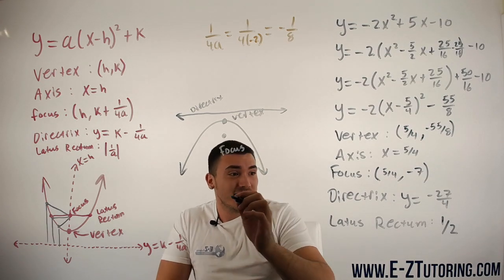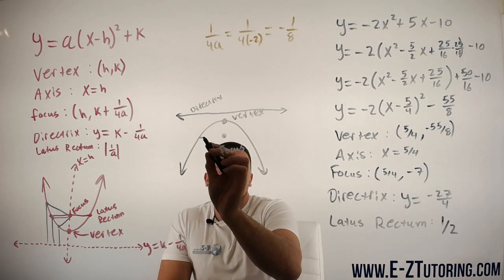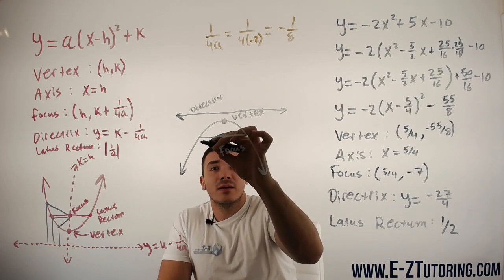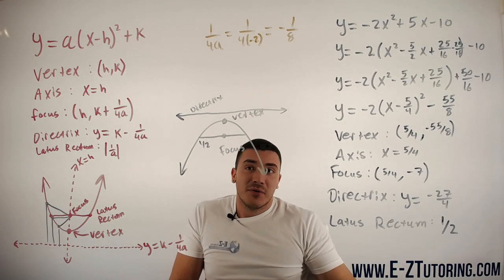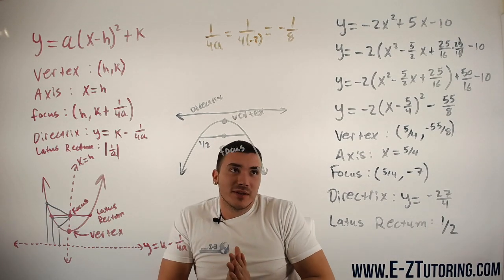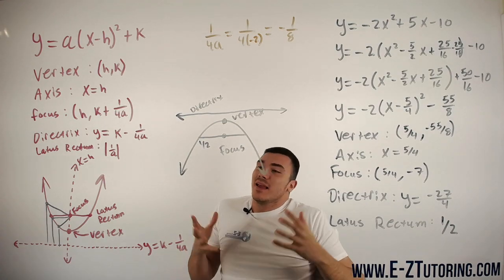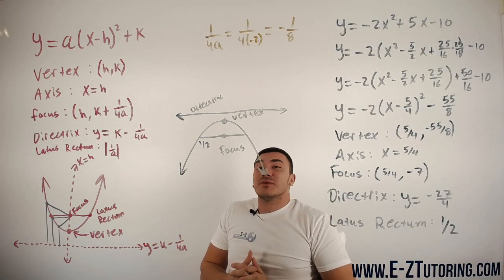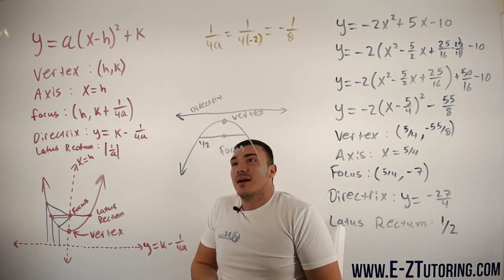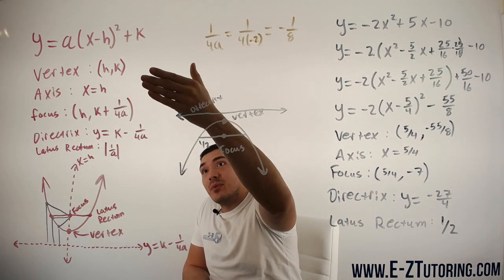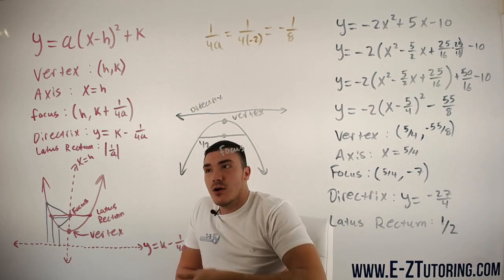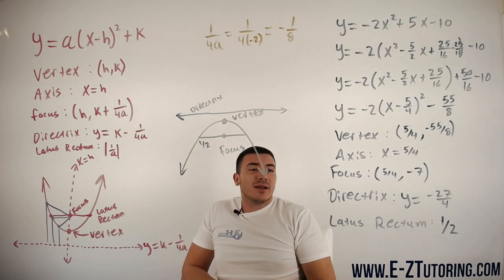And last but not least, we have our latus rectum, which is simply this length right here, which is the length of 1/2. So that is roughly what your graph will look like. Now, I hope this all made more sense to you guys. I know it's a lot of information, but what I recommend is doing practice. Doing practice will help you remember all these different things that you need to know about your parabola.